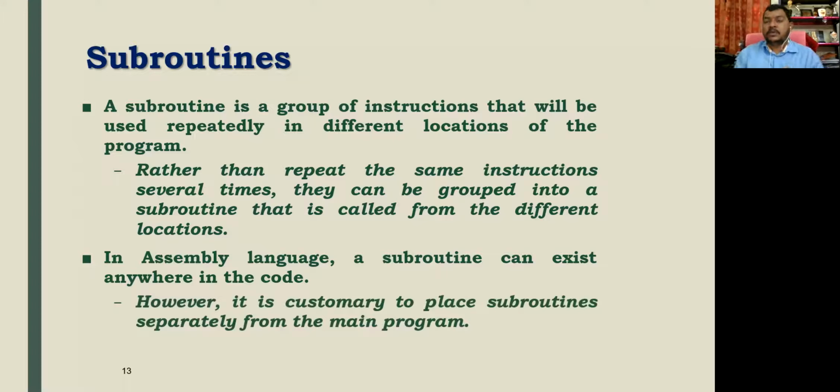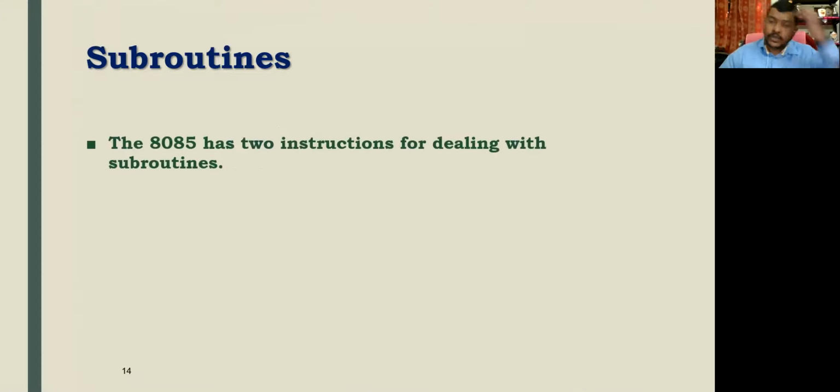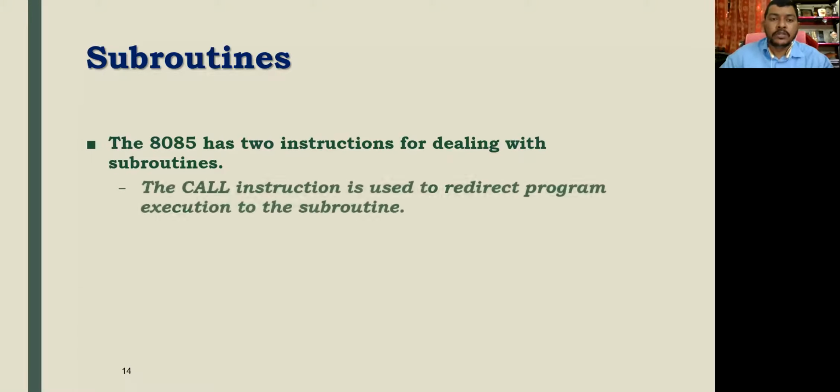So we have that small program, right? That is written separately from the main program, and which can be called in the main program itself. So that is subroutine. And the 8085 has two instructions for dealing with subroutines. I have told you the call instruction, which will call the subroutine in the main program, and then direct the program counter to switch the memory location address of the program to the subroutine memory location, right?